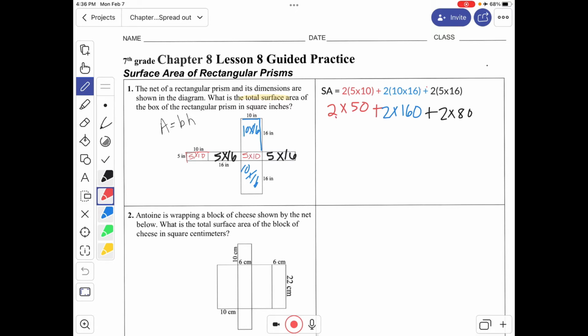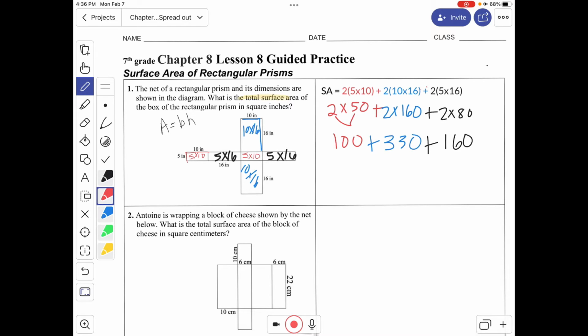And then we want to go ahead and multiply those. So 2 times 50 is 100, plus 2 times 160, which is 320, plus 2 times 80, which is 160.